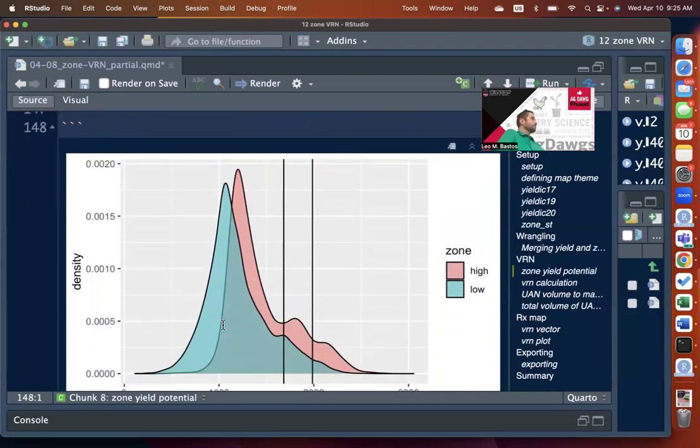I wonder, because on my side they're about 300 pounds of lint per acre different, but on your side you're saying they're about 1 pound different. Yeah, I'm not sure what would cause that.